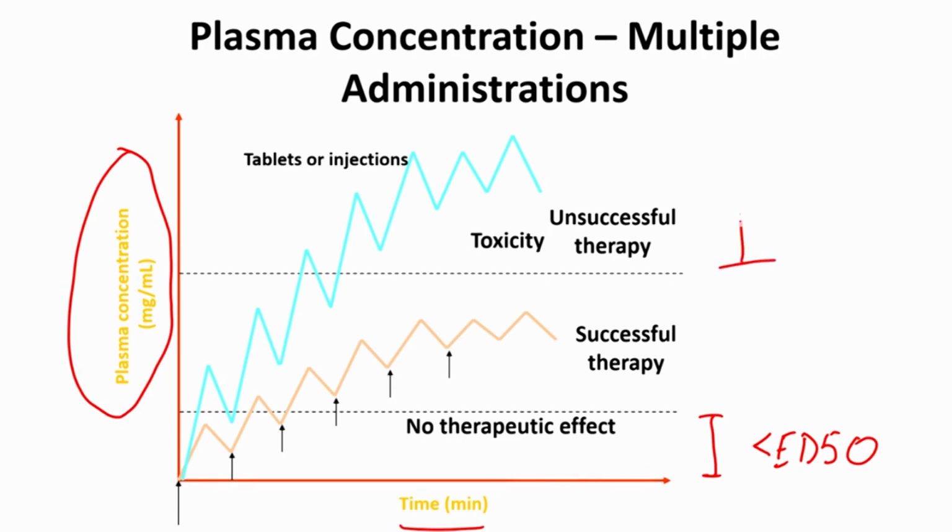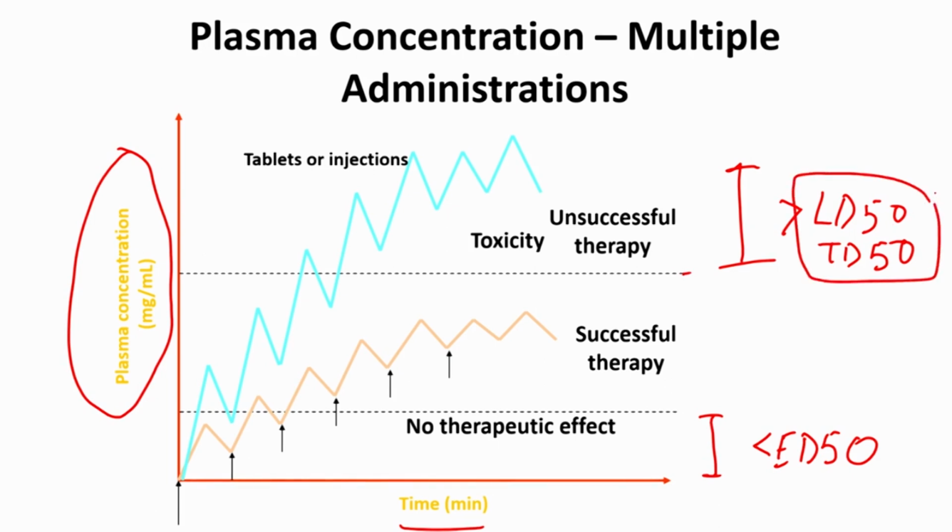Anything above this, we are essentially talking about being greater than LD50 or TD50. That means if I give a drug at a higher concentration than at LD50 or TD50, there will be lots of toxic effects, and that is of course a complete no in clinics. So, I always want to be in this regime, but it is very difficult to be in this regime.